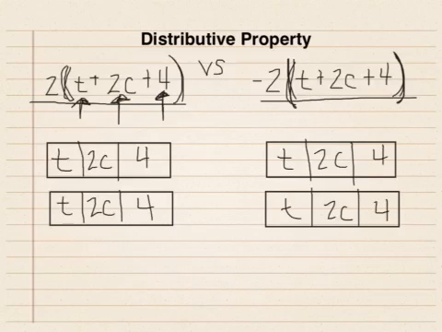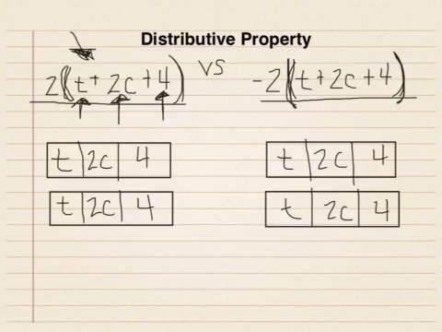But now, if we take a look at this expression, it is 2 groups of the quantity T plus 2C plus 4, and this is just the opposite.